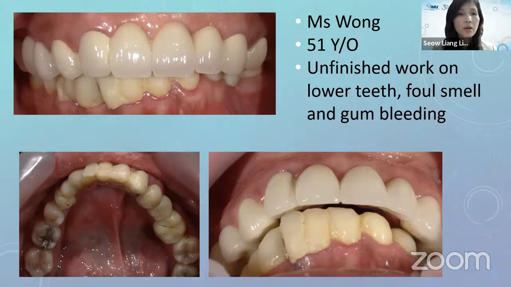So she has all her upper teeth, which she is relatively happy with. When treatment proceeded to the lower, she was not quite happy with what was to be cemented to her. So she refused to accept those crowns and she ended up at our clinic.